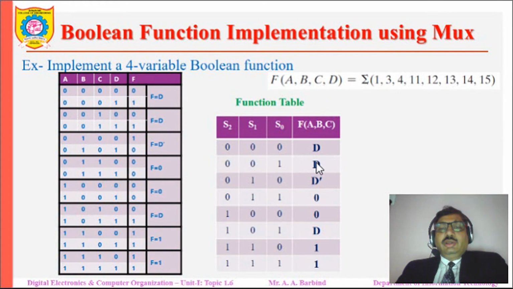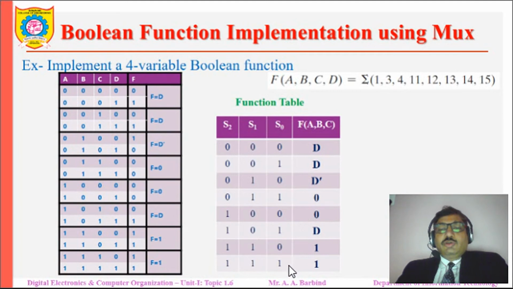Then for the next pair of input 001, we want the output to be d, so we write here d. So in this fashion, for 010 we want the output to be d bar. For 011 we want the output to be 0. For 100 the output to be 0. For 101 the output should be d.